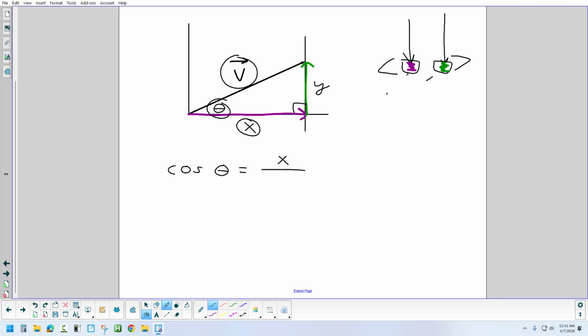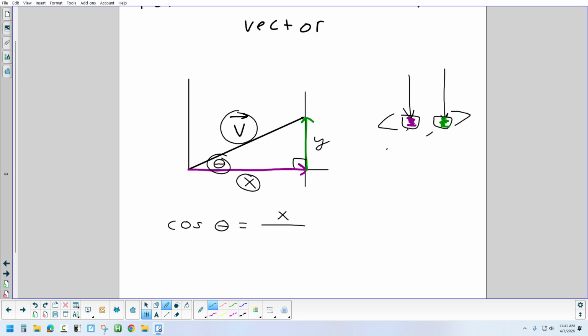Now, I know it's over the hypotenuse, but what specifically about the hypotenuse? The magnitude of the hypotenuse, yes. It's not over the vector.